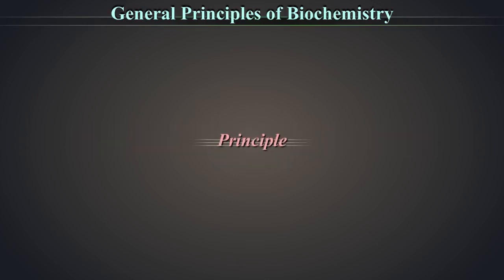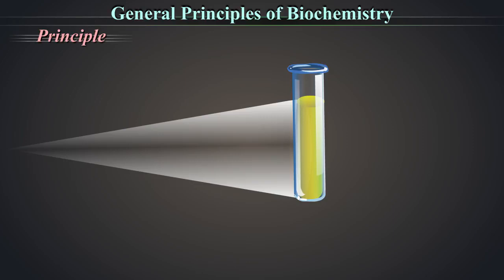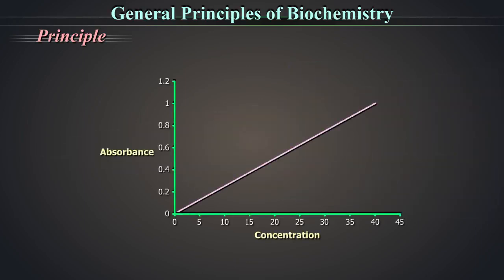The principle of operation of a biochemistry analyzer is based on Lambert's and Beer's law of photochemistry. When monochromatic light passes through a solution, there is a quantitative relationship between the solute concentration and the intensity of transmitted light. The higher the concentration of the solute present in the solution, the higher the absorption of light and the reduction in intensity of light transmitted.